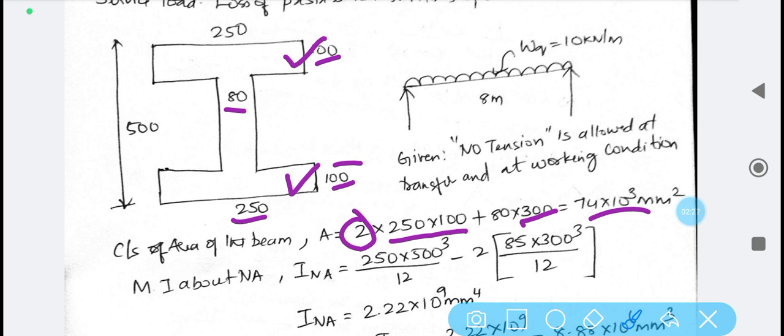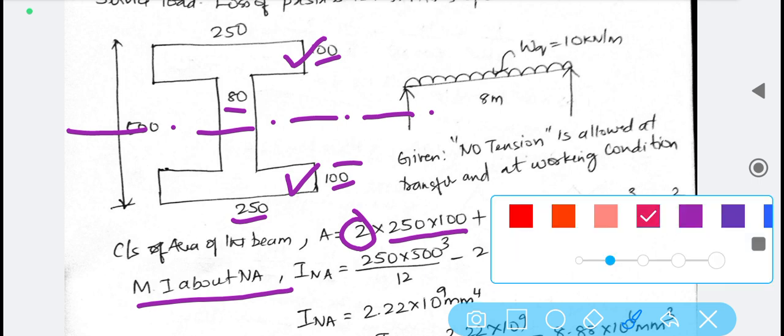And next, we need to find out the moment of inertia about the neutral axis. This is the neutral axis. There are several methods to find the moment of inertia, so let us solve it here in a simplified manner. Since it is a symmetrical section, I am considering this I section as a whole rectangle.